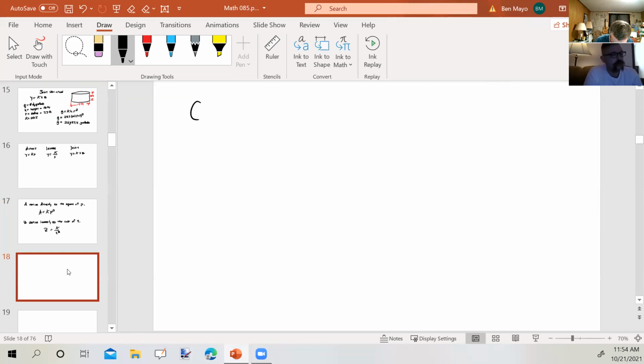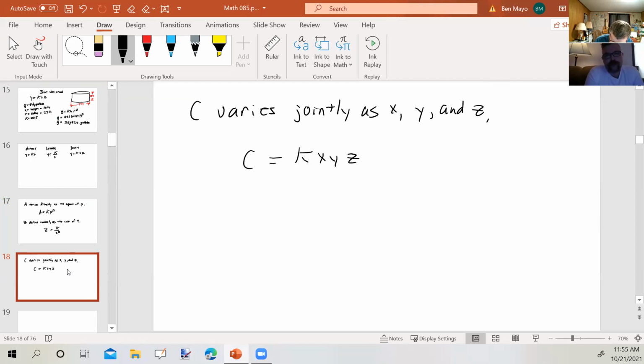Okay. C varies jointly as X, Y, and Z. So C equals K X Y Z. So notice here in joint variation, we actually have 3 variables on the right side.